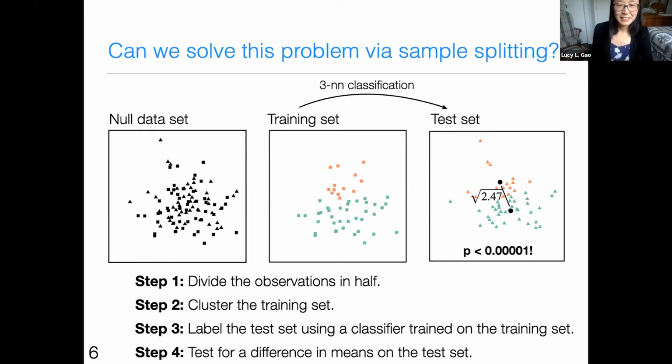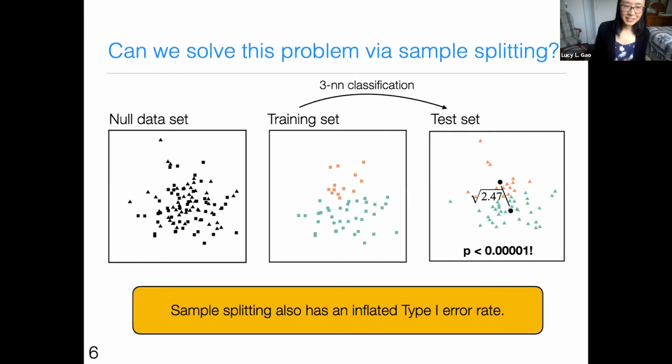And the reason is we actually had to look at our test data, though perhaps it's a little bit less obvious, in order to apply these cluster labels before testing for a difference in means. That's still double dipping. Step 3 here is generating a hypothesis using the test set, and then step 4 is testing it. So clustering is this unusual double dipping problem that can't even be solved by sample splitting. Even if you use some kind of a sample splitting approach, you're still going to inflate your type 1 error rate.